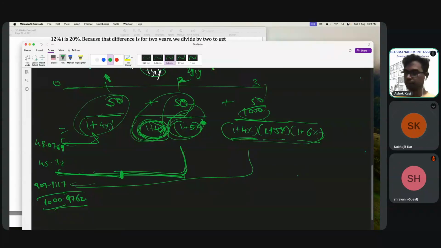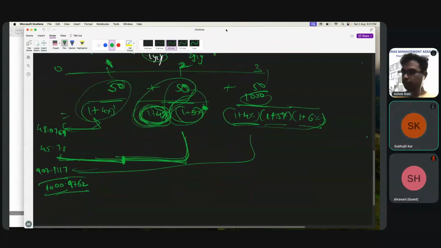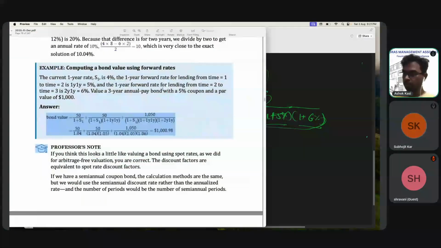Why are they writing the question this way? The lending rate for lending from time equals 1 to time equals 2 means from time 1 to time 2, which is also known as 1y after 1 year, for 1 year.